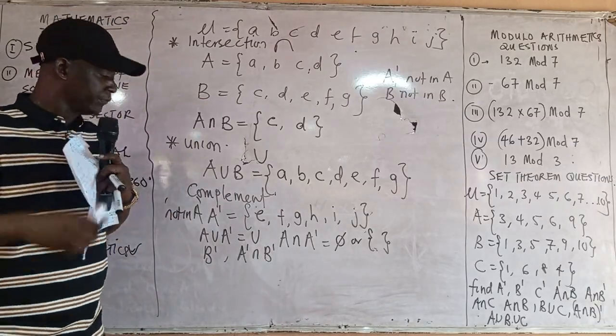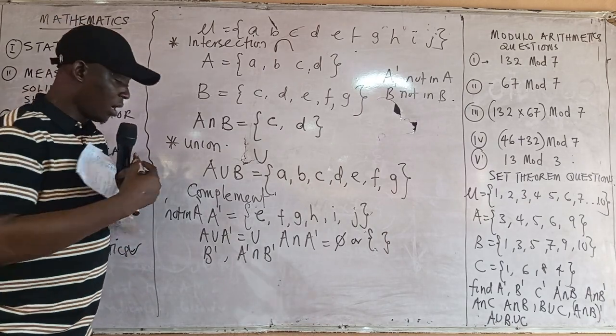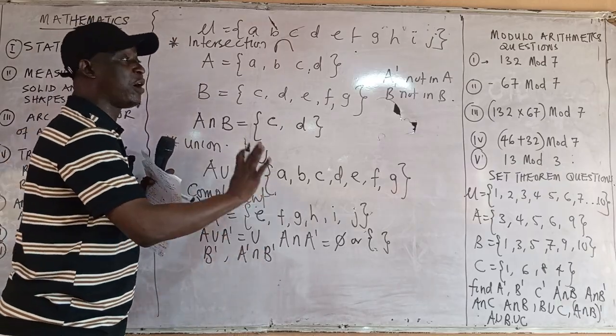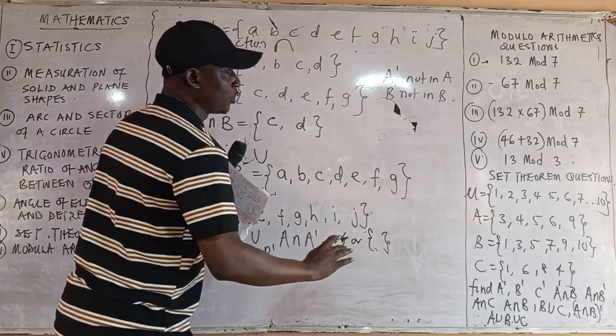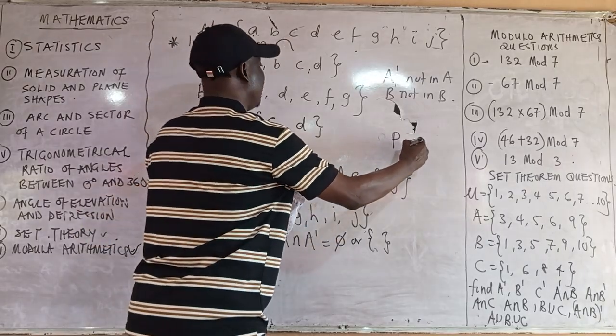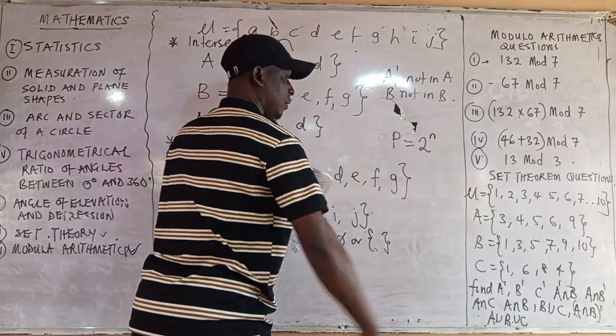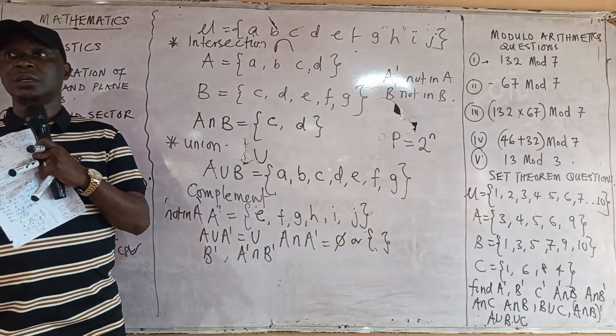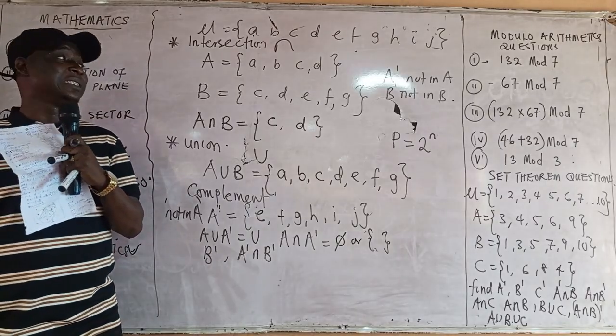Now, as I was saying, we have discussed complement. We have what they call power of a set. And to solve power of a set, I will give you a shortcut. Just say 2 raised to power n. What is n?